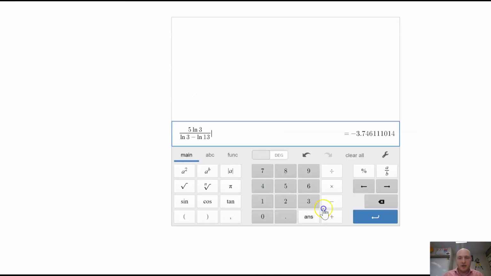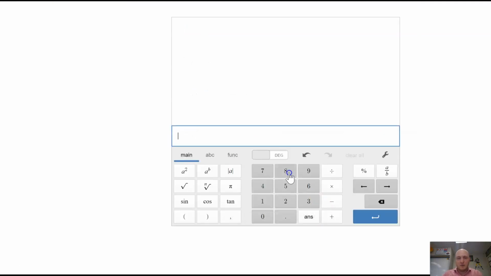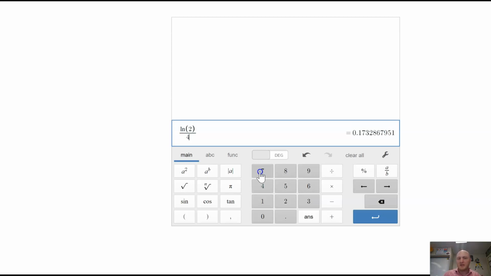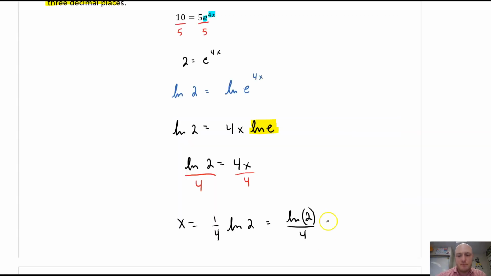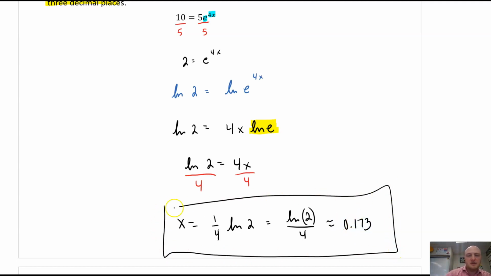We want an approximate solution as well, so what's the natural log of 2 divided by 4? Looks like we get 0.173. So there is your exact solution and your approximate solution.